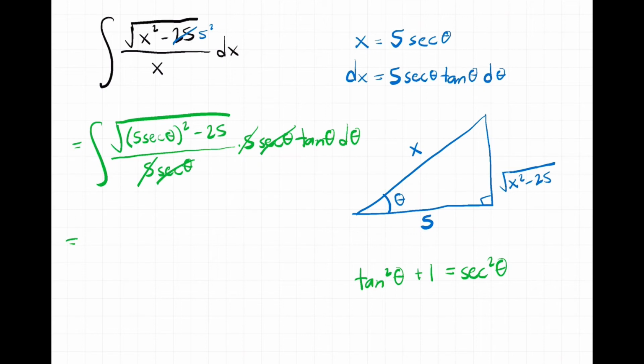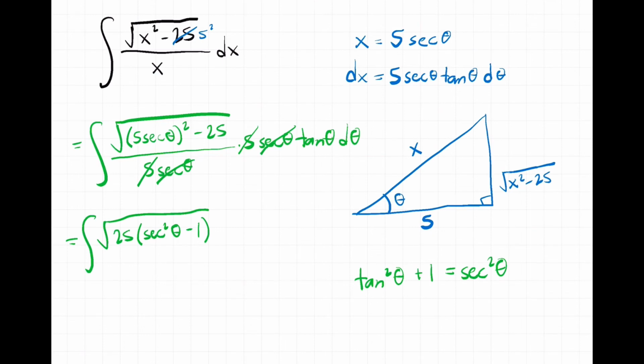In the meantime, what have I got? The integral of, well, let's see. My integral of the square root of 5 secant theta squared, that is 25 secant squared theta minus 25. But before I actually go on with this, maybe I'll factor out that 25. So we actually have 25 times secant squared theta minus 1, all under the square root.